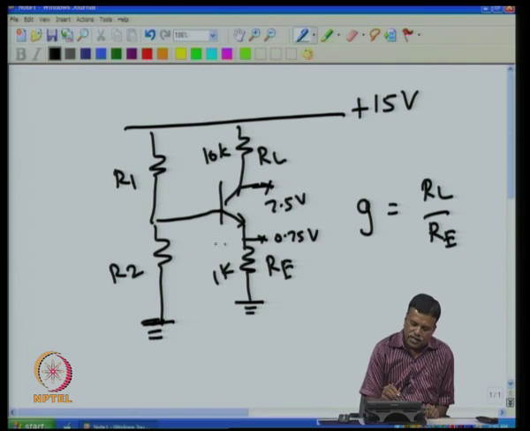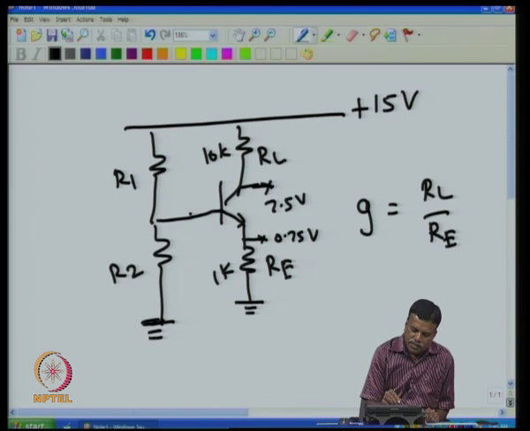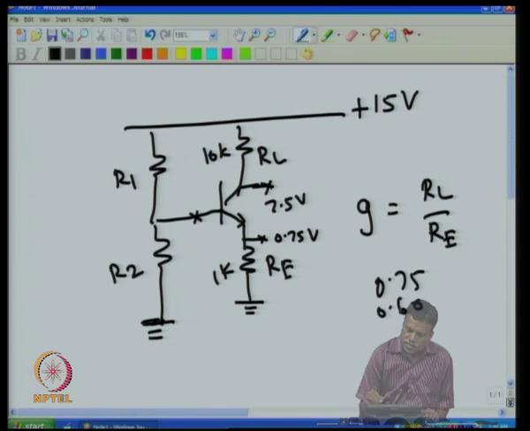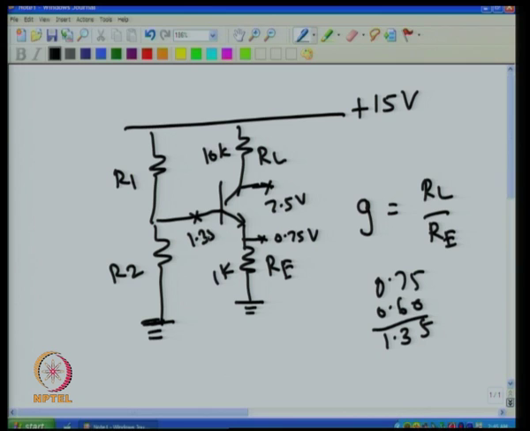So, we have to adjust these two resistors such that this is sitting at 0.75, which automatically calls for 0.75 plus 0.6, that turns out to be 1.35 volt. So, this has to sit at 1.35 volt.